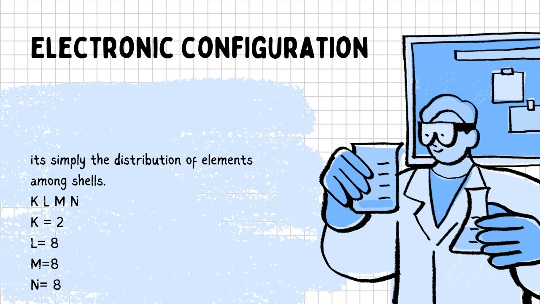But here we have cells which are K, L, M, and N. These cells have limited capacity for electrons. Like K cell can have maximum 2 electrons, L cell can have maximum of 8 electrons, M and N cells also can have maximum of 8 electrons. So let's try to distribute electrons of the elements in these cells.